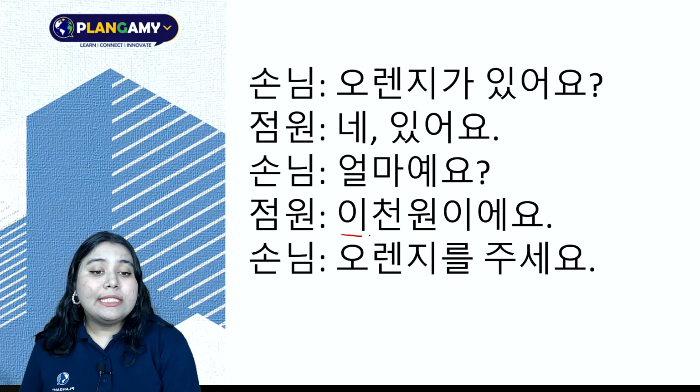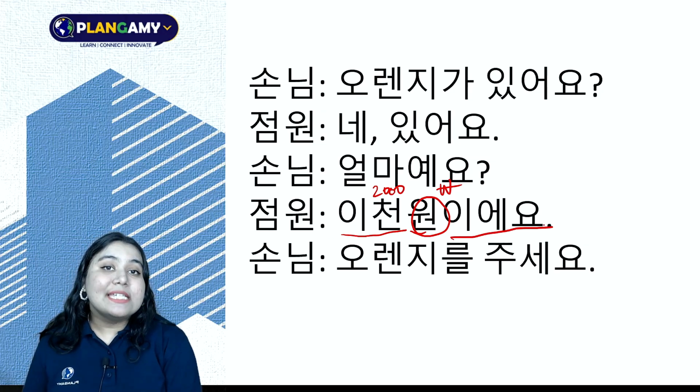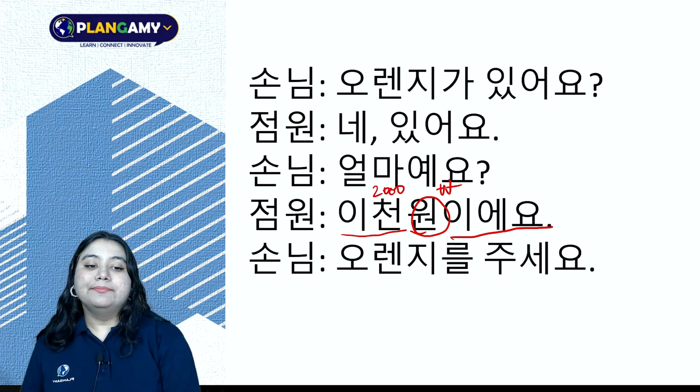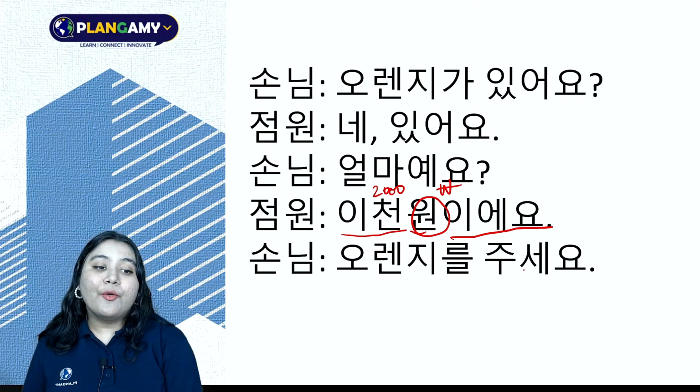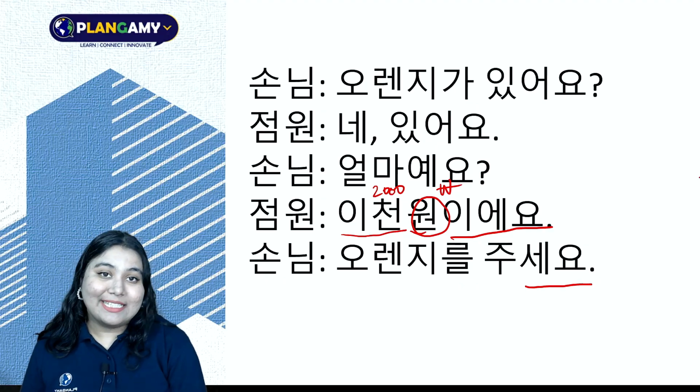Now we know 2,000 is e chon. Won is the Korean currency. And because this is a noun, I'll add 이에요. It is, am, are. So it is 2,000원이에요. 오렌지를 주세요. Please give me the oranges.